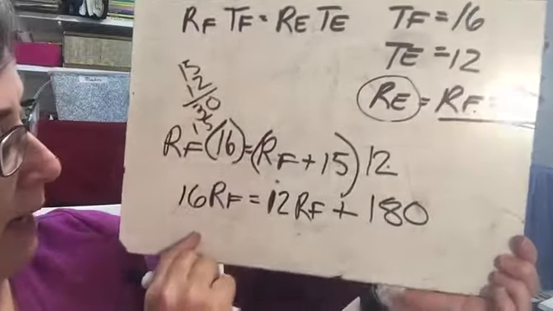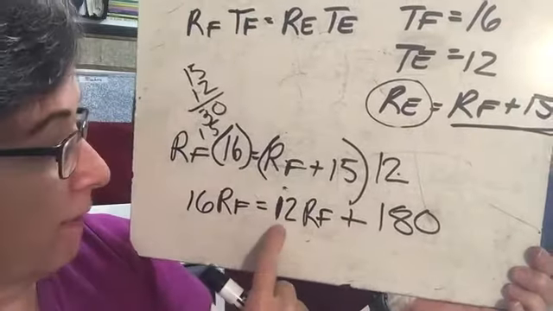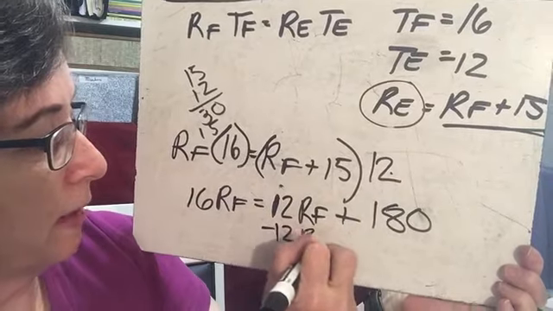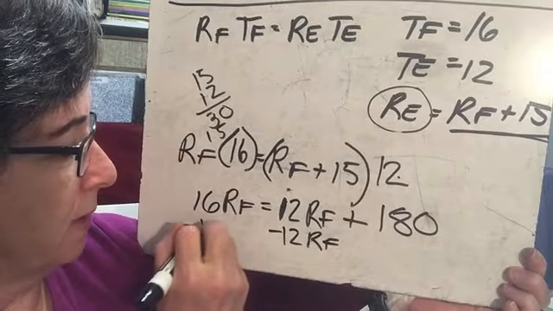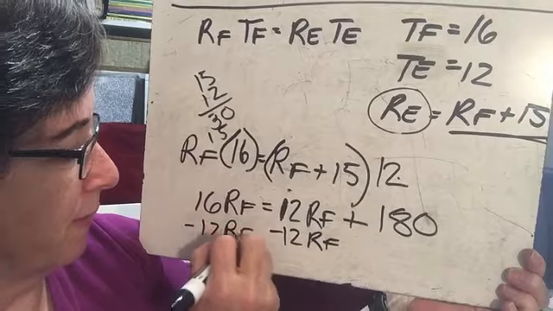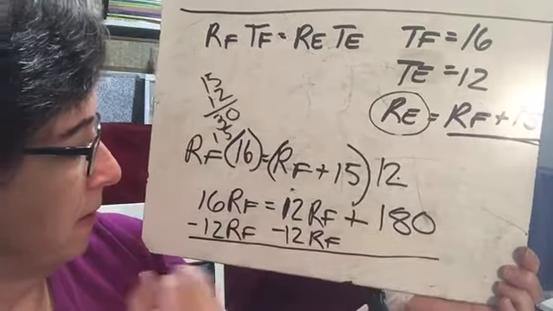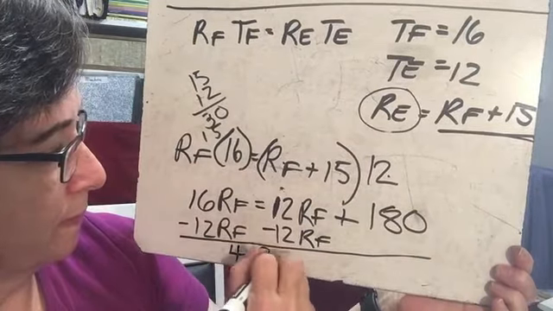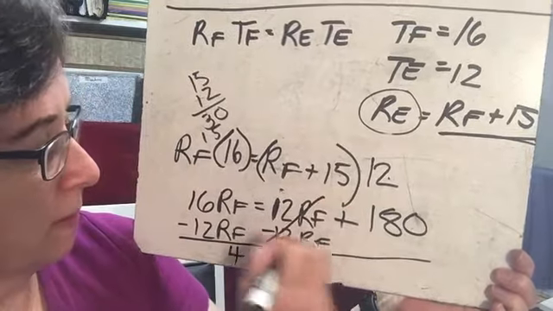Okay, so now let's get all of our R sub F's on one side. So let's subtract 12 R sub F from both sides. 4 R sub F equals 180.